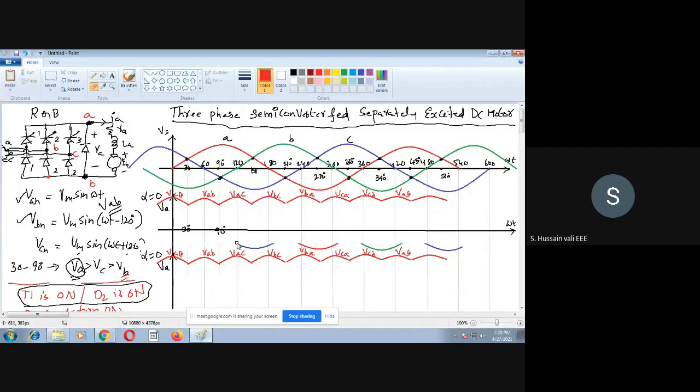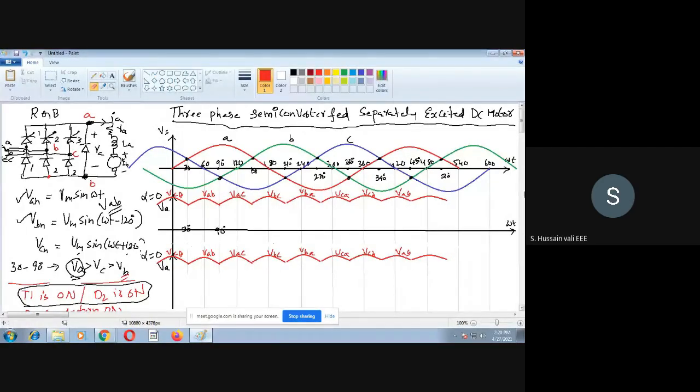I just want to show you how the waveform varies when alpha is greater than 0. That's what I'm trying now. That part will remain as it is. When I increase alpha to a value greater than 0, that is how the waveform will vary.